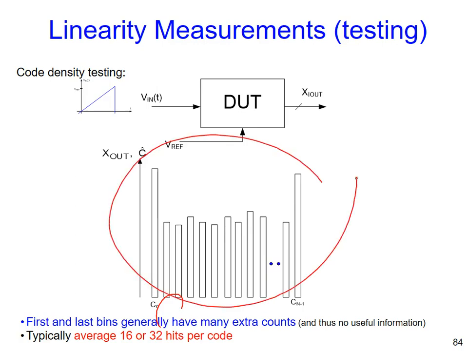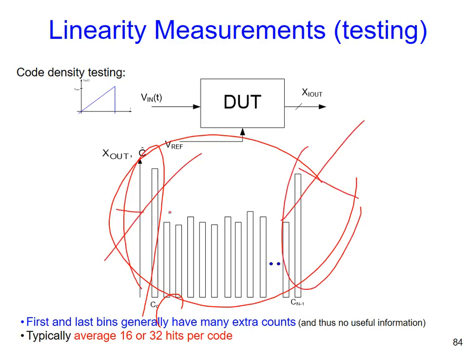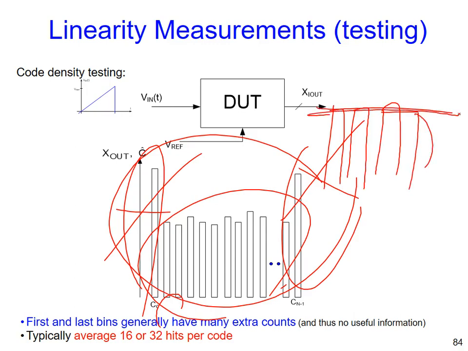And again, here and there, we forget the beginning and the end, all of them. And how about the middle codes? What is the ideal value? If they are of the same size, then the first, the second, the third, all of them are the same, right?